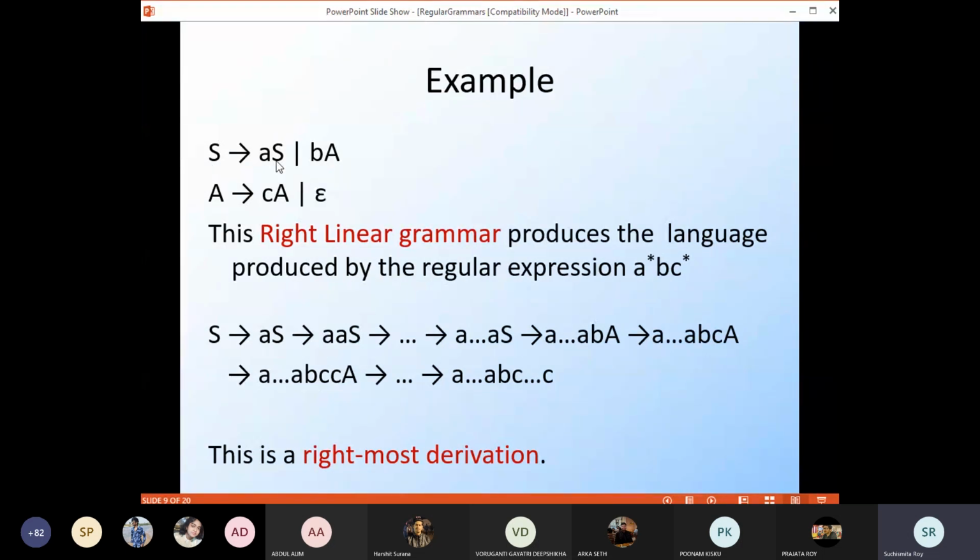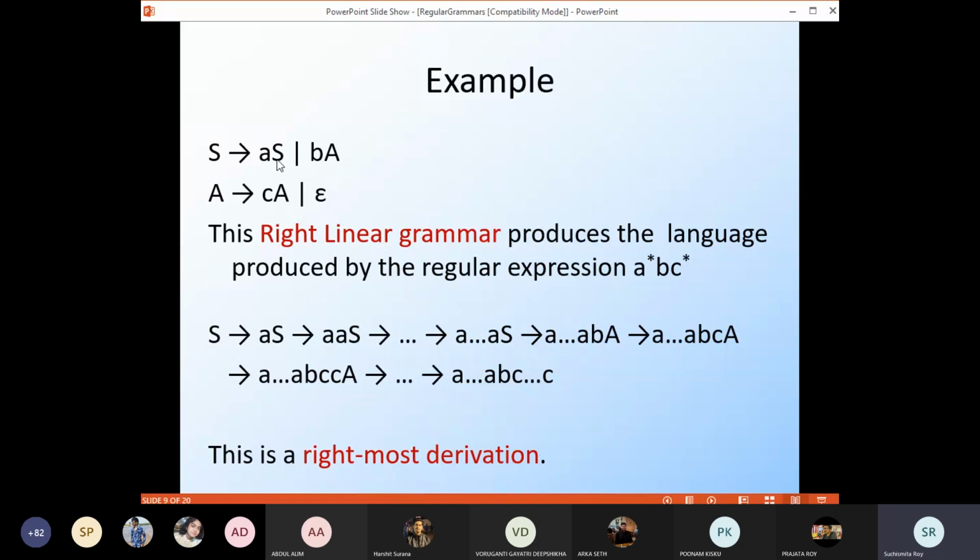So we have this grammar here. S derives aS or bA. And A derives cA or epsilon. What kind of strings? Look at the derivation. So it produces strings of a. You can use aS as many times as you like to produce as many a's.